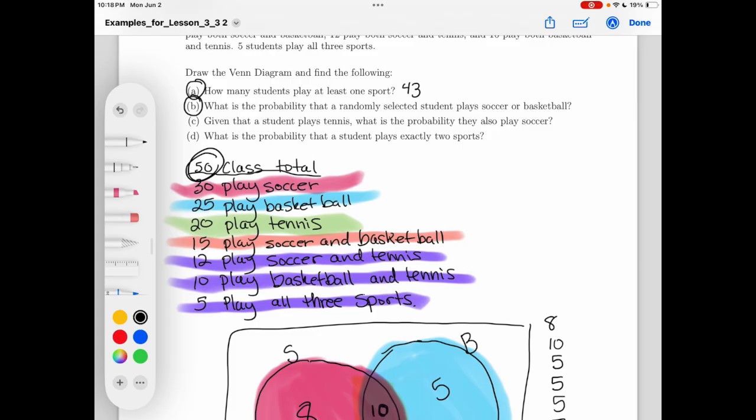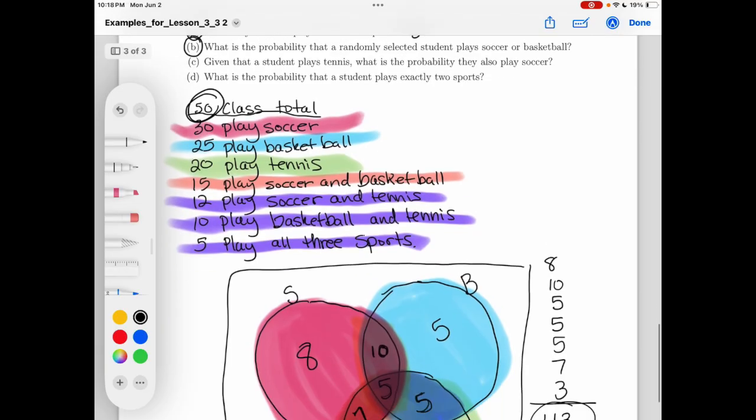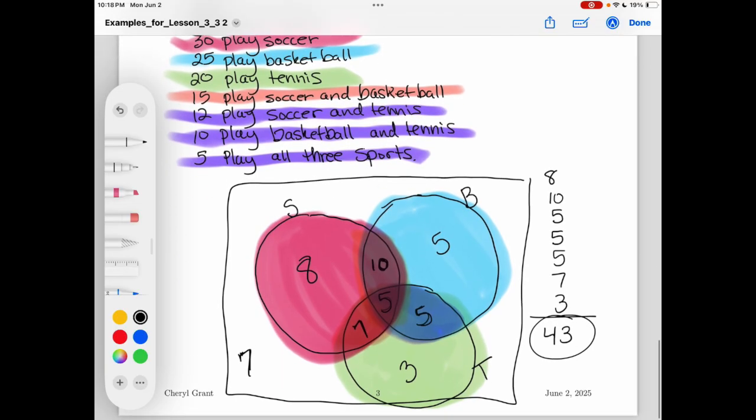What is the probability that a randomly selected student plays soccer or basketball? So I need to count up how many people who are in soccer and basketball without double counting. So if I add up soccer or basketball, I have 8 plus 10 plus 5 plus 7 plus 5 plus 5.